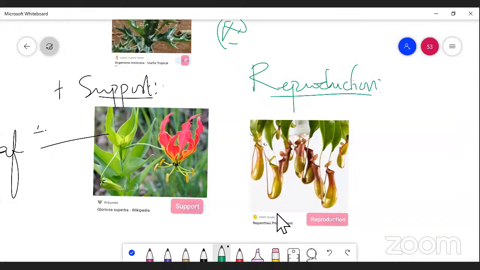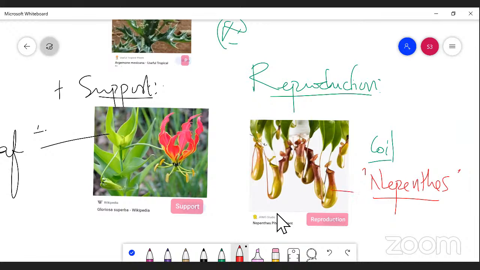The leaf lamina is modified into a pitcher-like structure in the case of Nepenthes. In this Nepenthes plant, the leaves are modified into a pitcher-like structure that secretes fluid substances. When insects land, we are going to study in detail what Nepenthes is and why it is modified. This picture shows the modification of the leaf, which is also involved in reproduction purpose.